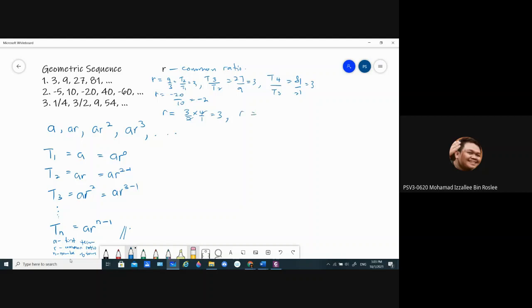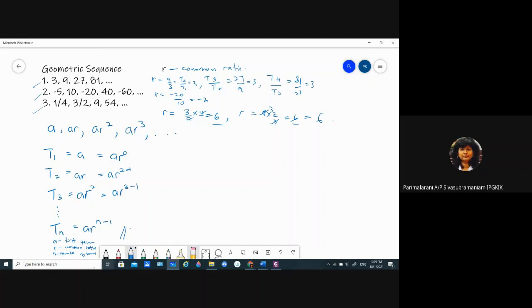Or it is 9 divided by 3 over 2. 9 divided by 3 over 2 is also equal to 9 times 2 over 3, which is 6. Sorry, this is 6. So we know that the common ratio here is 6. R is equal to 6. So all these are geometric sequences.